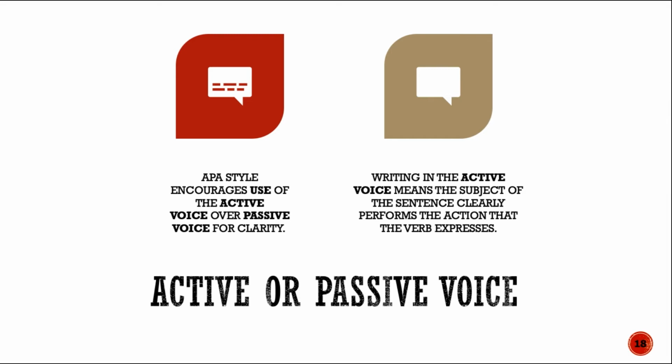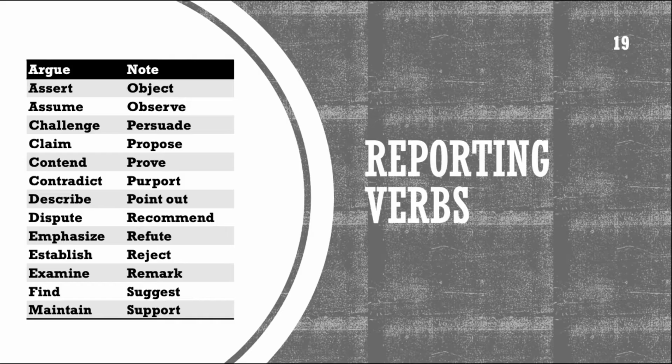Writing in the active voice means the subject of the sentence clearly performs the action that the verb expresses. So it will give you a very clear idea of what you really want to say. You should know that you cannot use the passive voice unless it is necessary, unless it is a must. Other than that, please stick to the active voice.